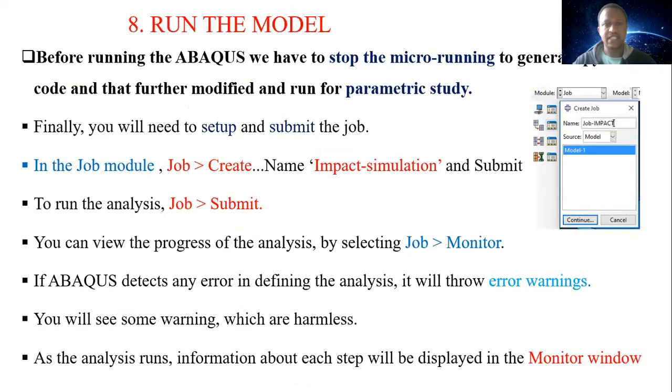Now let's go to running the job. Before running this job, I have to stop the micro, which is still running. Why? Because I initially ran the micromanager to generate the Python script in our code for further study, so I have to stop that.